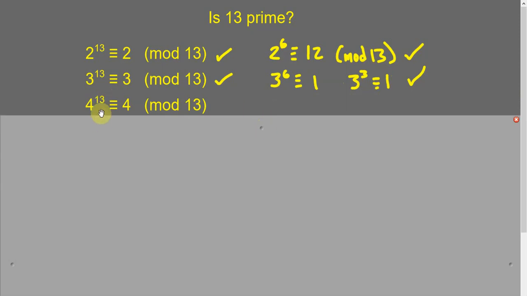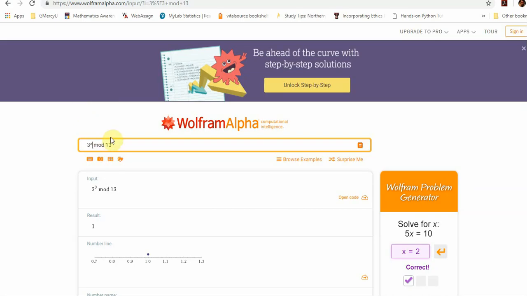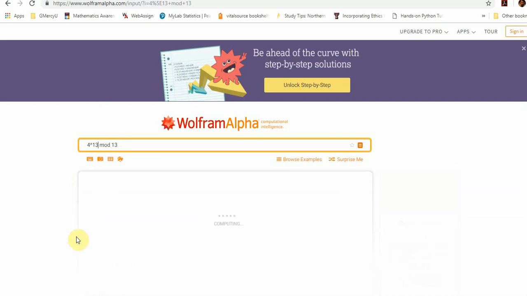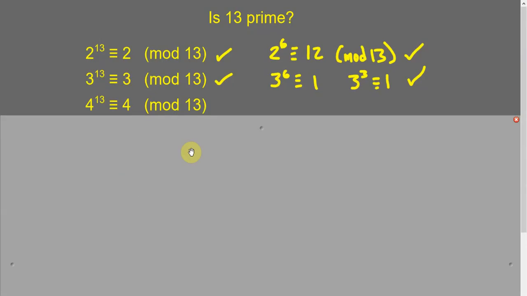We go to 4, 4 to the 13 mod 13, and we get 4. So again, our basic Fermat's little theorem test checks out. But then our additional test now would be 4 to the 6. Again, I'm getting the 6 by doing 13 minus 1 is 12, and then cutting that in half.